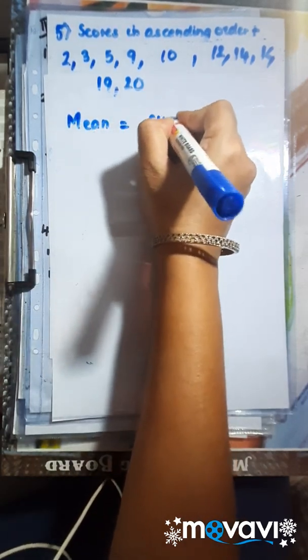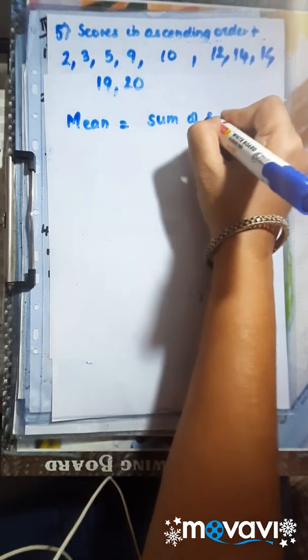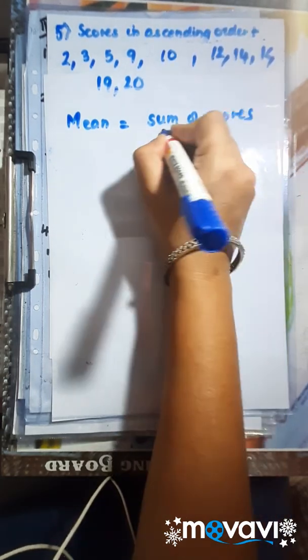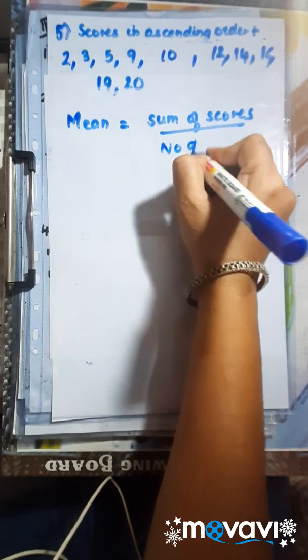Therefore mean is sum of scores upon number of scores.